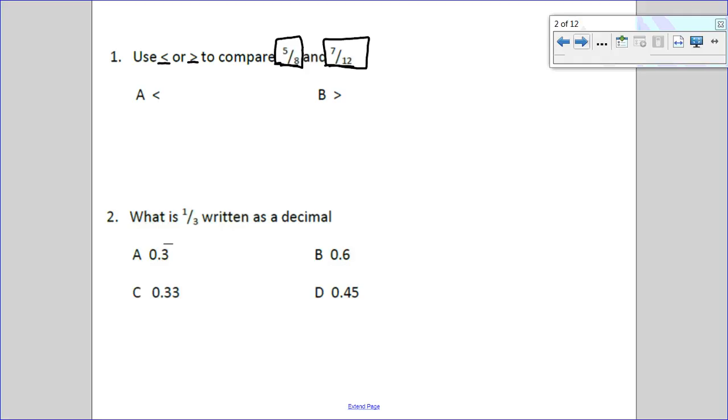So there's two ways that we can do this. There's probably more than that, but yeah, there's several. We could convert it to percent or whatever, but there's no need to do that. We can convert them both to decimals and just compare that. Or we can just change the fractions into two different fractions that have a common denominator.